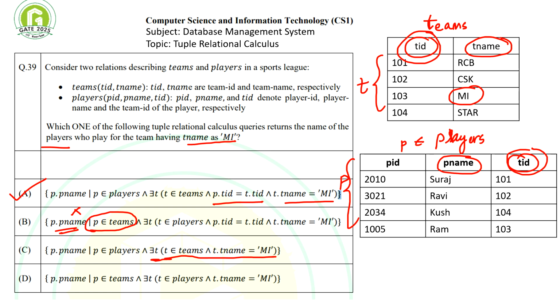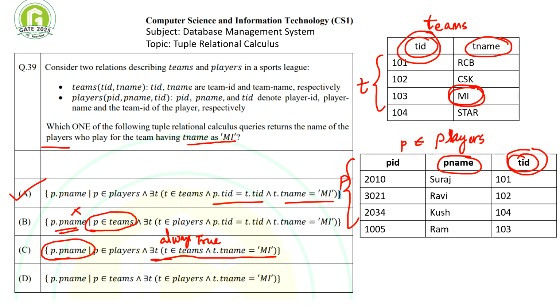So there exists a t which has this team name. Irrespective of which p you choose from here, this predicate part is always true. So this would print all the players.